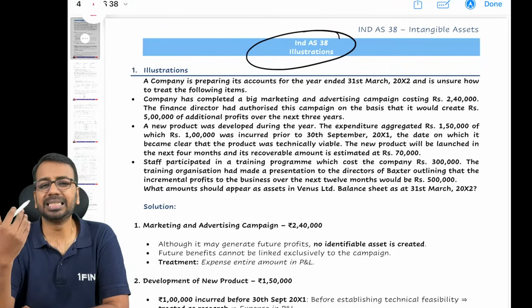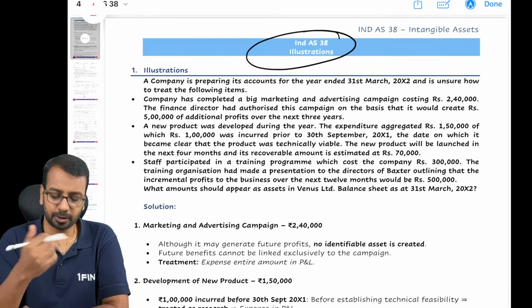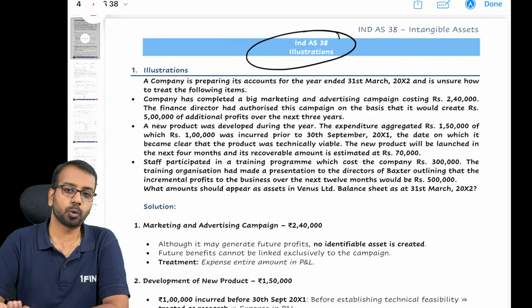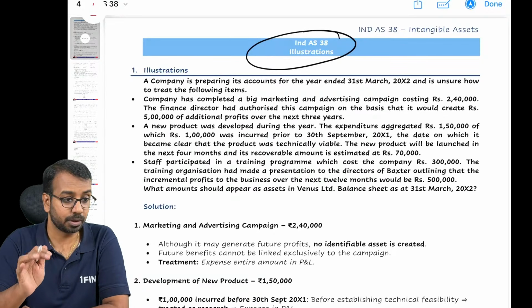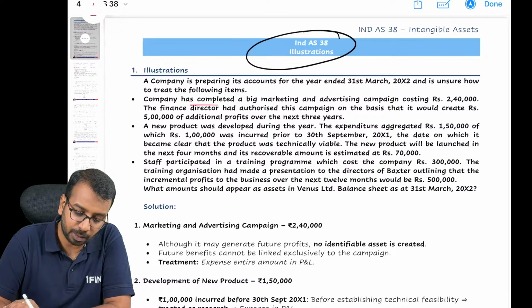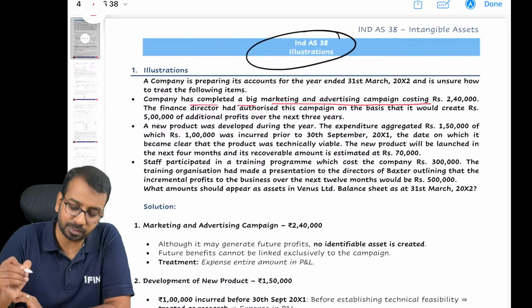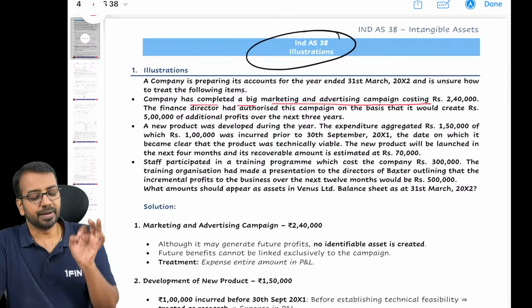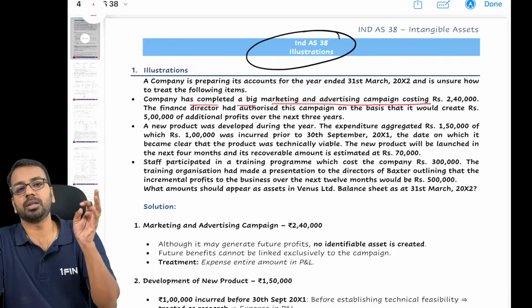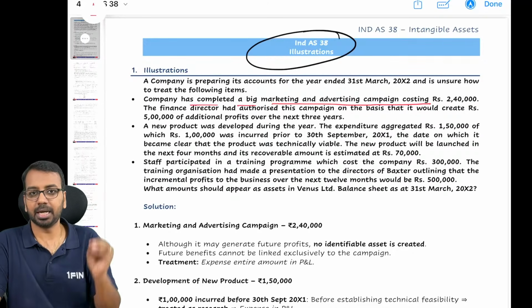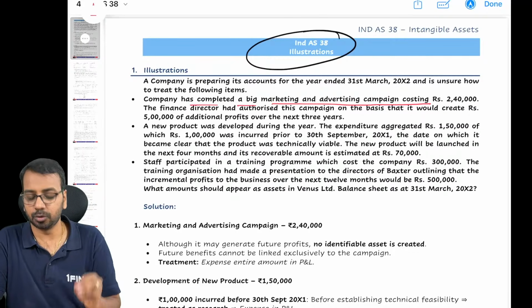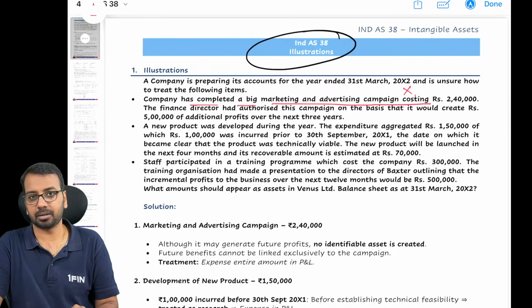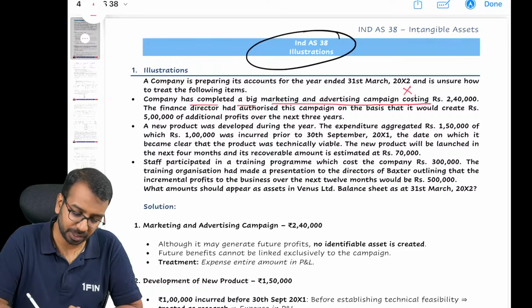Intangible assets, generally we get theory questions from this. So some questions I picked to cover the relevant concepts as well. For example, a company has completed a big marketing and advertising campaign. Whenever there is no identifiable intangible asset being created, if you do not get anything in the future, we will not capitalize that. Very simple.